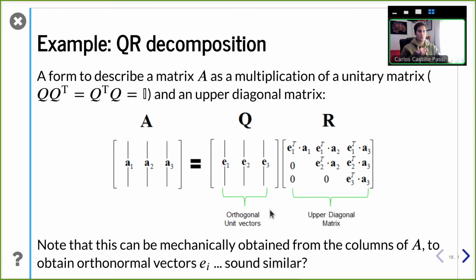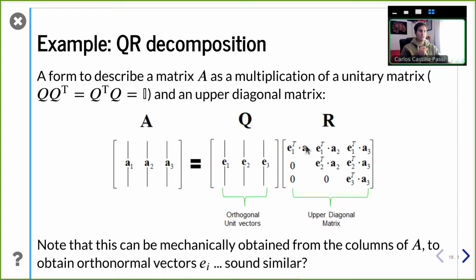This matrix Q has orthogonal vectors, and this matrix R is what is called an upper diagonal matrix. That means that it only has entries in the uppermost part of the matrix, forming a triangle.